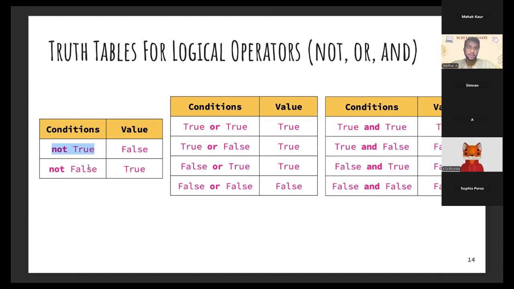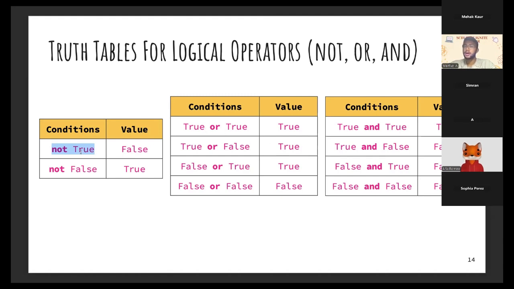That's why I was confused about that. XOR is not A and B, or A and not B. Yeah, that's exactly what XOR is. Okay, anyway, back to the truth tables.